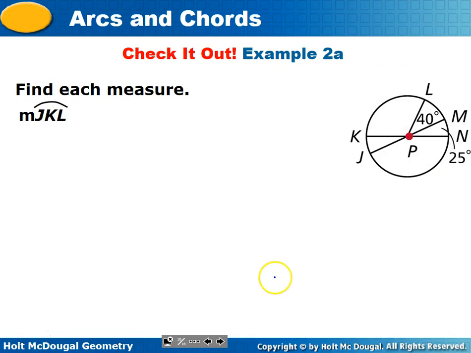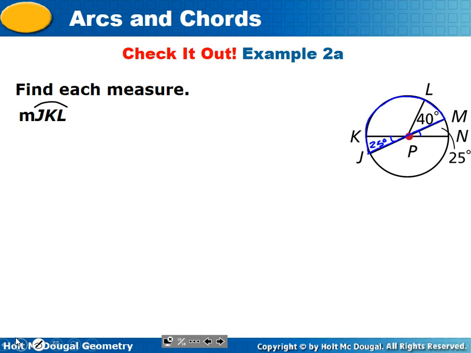All right, so now I want you guys to go ahead and see if you can find me the measure of arc JKL and the second part of this problem as well, but go ahead and fill in your diagram first. Find all the missing angles first. The first thing I notice is that I have a pair of vertical angles here and here, so this is 25. Then I notice that I have a semicircle right here.